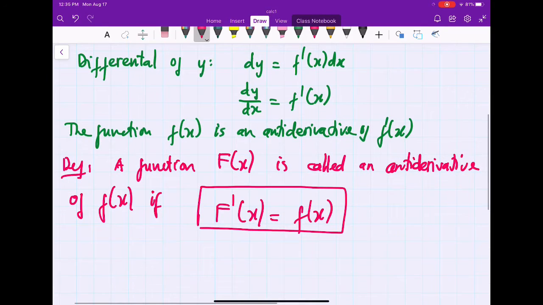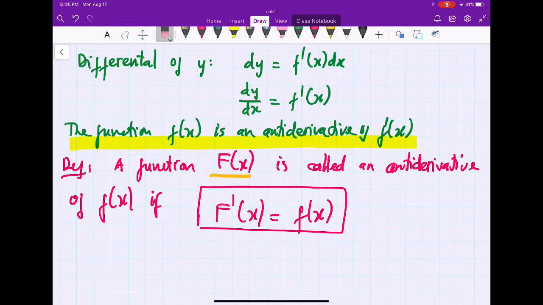So that is almost the same as this statement. The only thing is, I replace f prime by f and then f by capital F. Does that make sense?